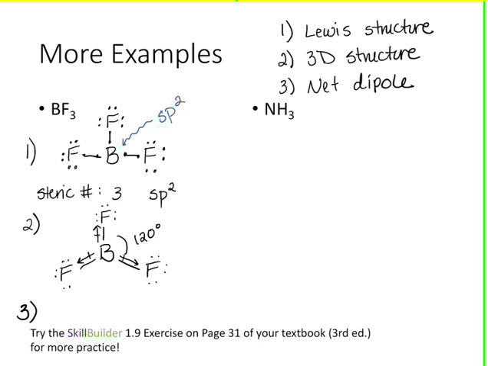So imagine you have 3 teams and 3 ropes that are all connected in the center, and people are pulling on those ropes. Now, if they're all pulling with the same force in equally spaced directions, the rope isn't going to go anywhere. And that's the case here. So we have equal forces that are all separated by 120 degrees. So there is no net dipole.